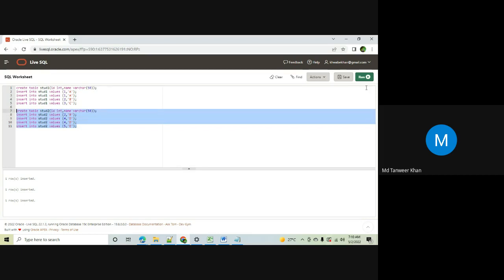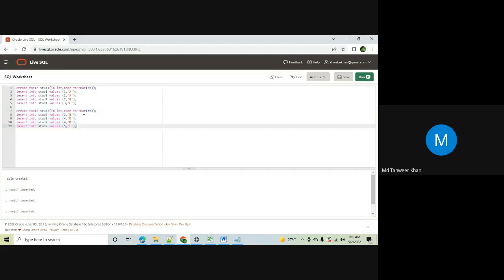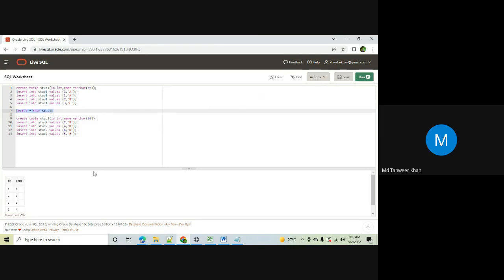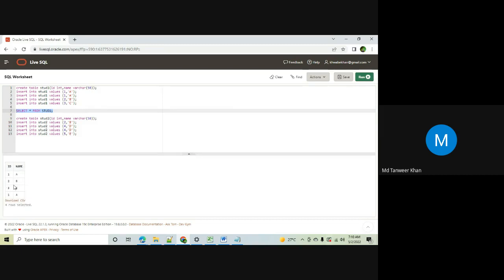Okay, so these are the two tables I've created, student 1 and student 2. Let me show you the data. In student 1, you have four records: 1A, 2B, 3C, and 1A. So do we have duplicate records in the student 1 table?